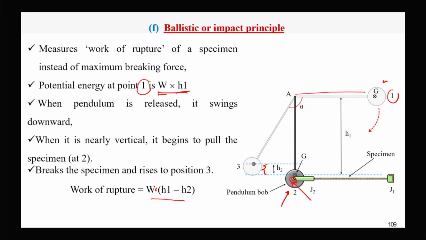Now here one thing we should see: the point where the thread or the jaw is attached need not be the center of gravity. It will be somewhere else. This point, say K, is known as the point of percussion.